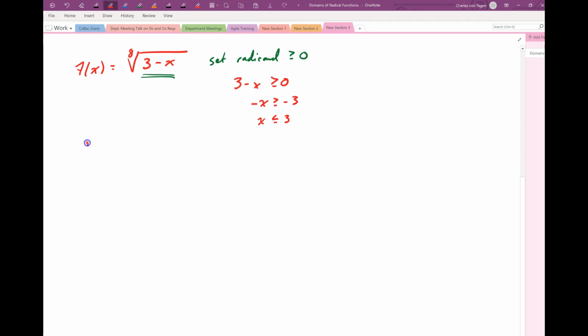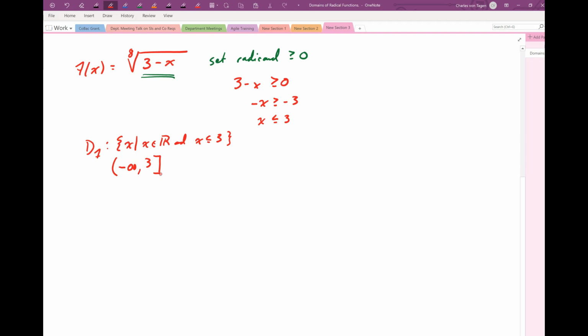So now we can give the domain of f in set builder notation: the set of x such that x is any real number and x is less than or equal to 3. In interval notation, it would go from minus infinity to 3, and we put a bracket there.